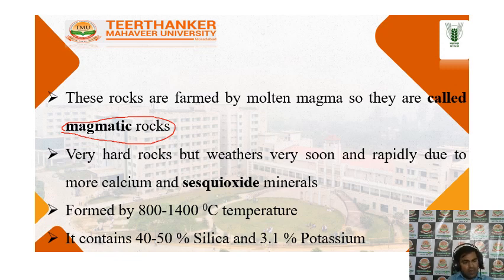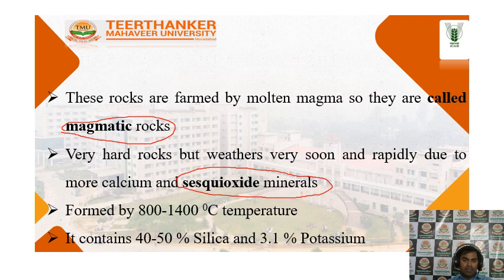Their nature is very hard, but they weather very easily and rapidly after rainfall or any physical and chemical weathering acts on the surface of these rocks in the air. Calcium and sesquioxide minerals are more dominant in this rock.